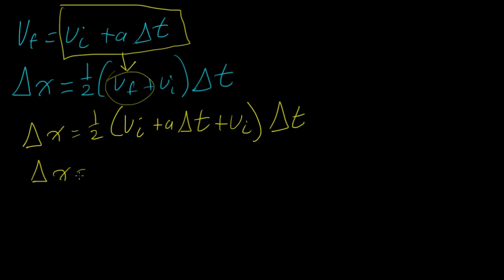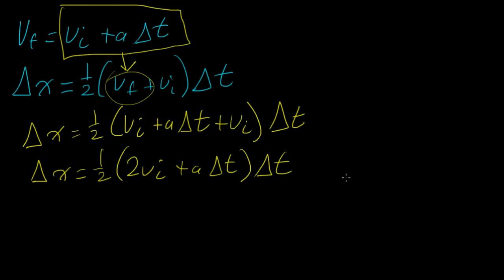So we get delta x equals 1/2 times, let's see, I get Vi plus Vi. That's 2Vi plus a delta t, times delta t. Okay. Well, we need to distribute from both sides, so let's distribute the delta t first.